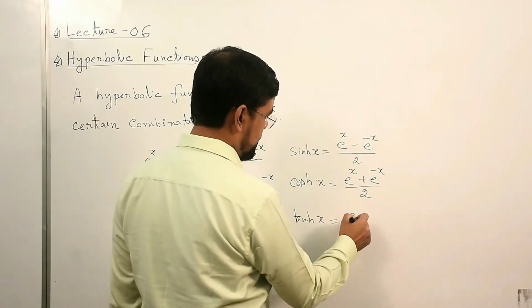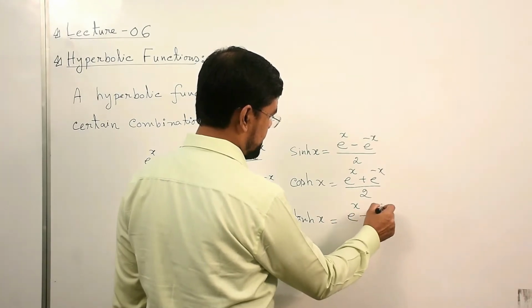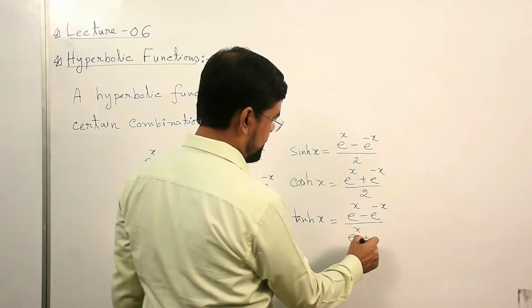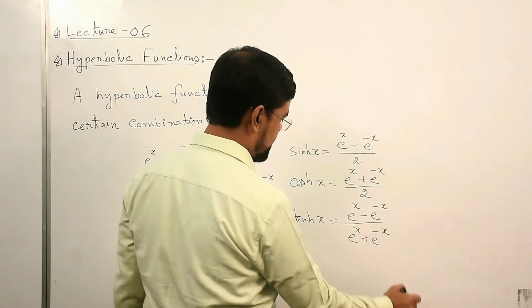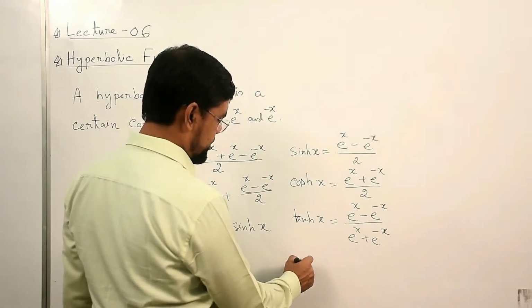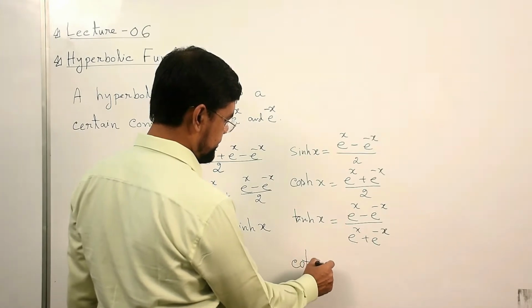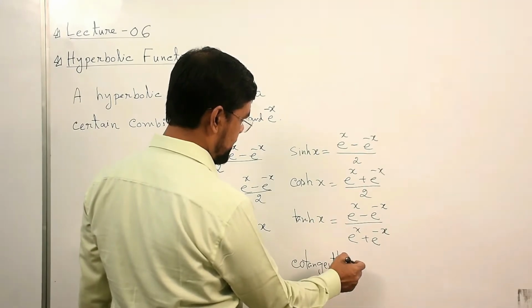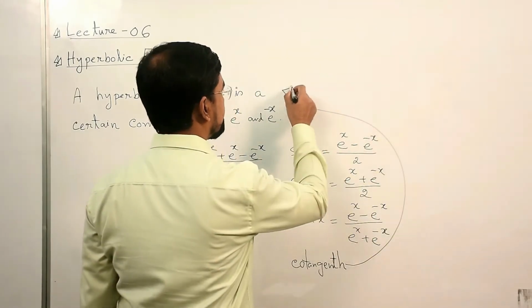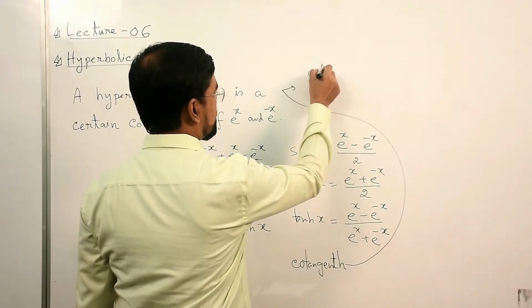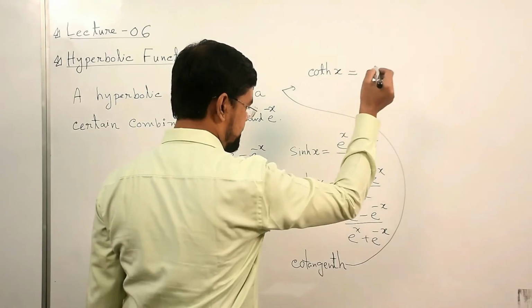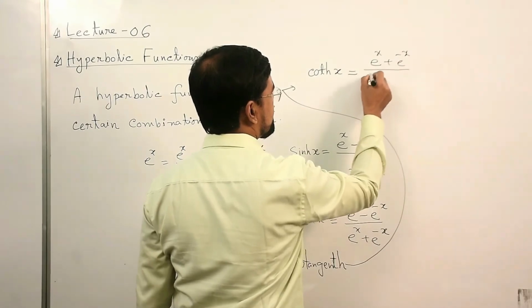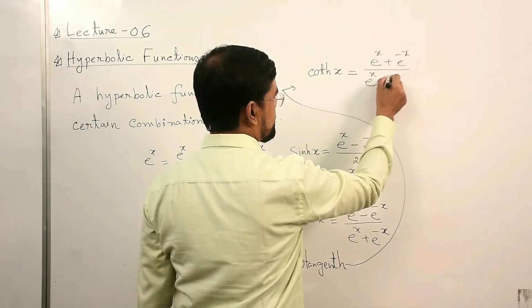So we will get e to the power x minus e to the power minus x divided by, because this 2 and 2 will cancel, e to the power x plus e to the power minus x, and cotangent hyperbolic of x we can write in brief: cotangent hyperbolic of x equal e to the power x plus e to the power minus x divided by e to the power x minus e to the power minus x.